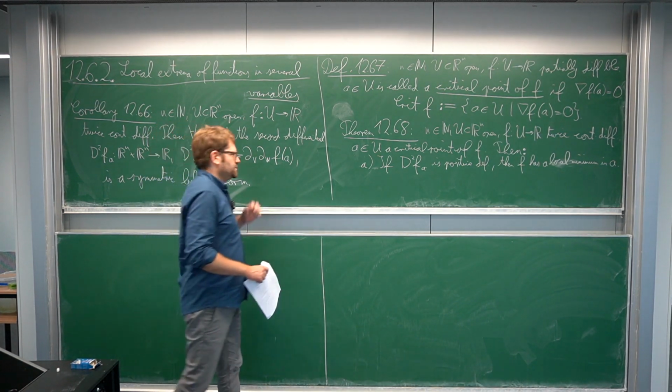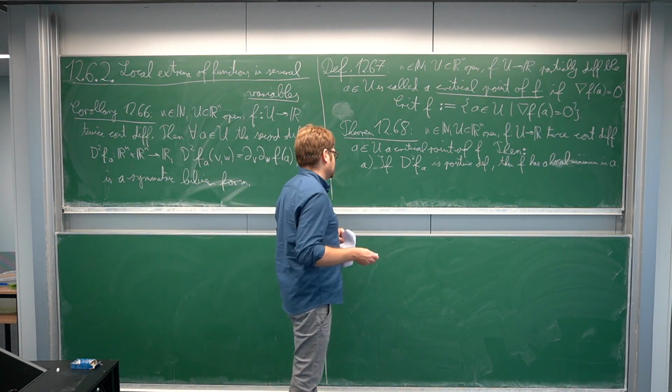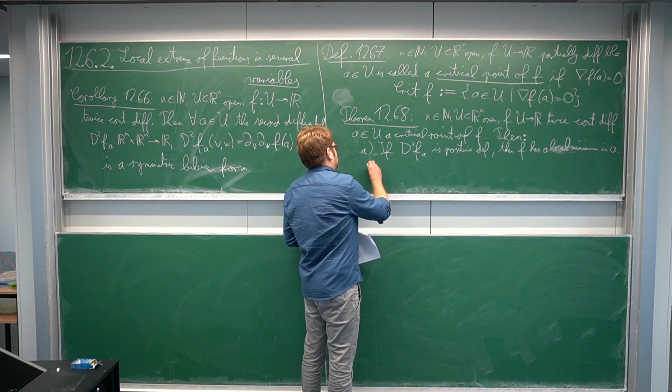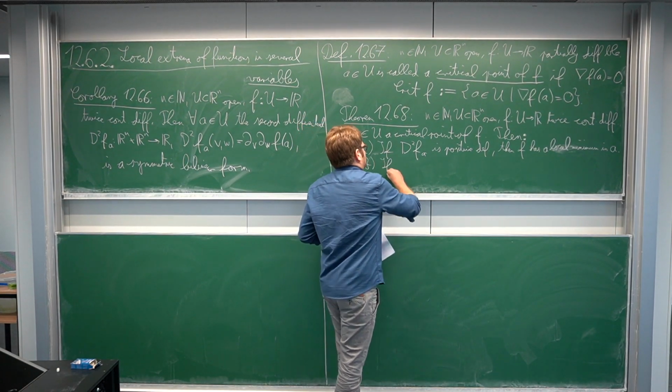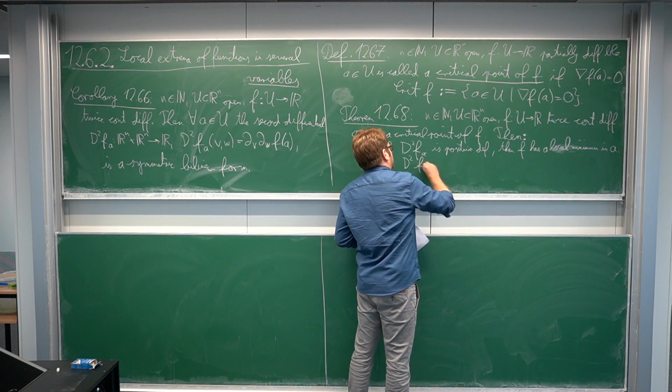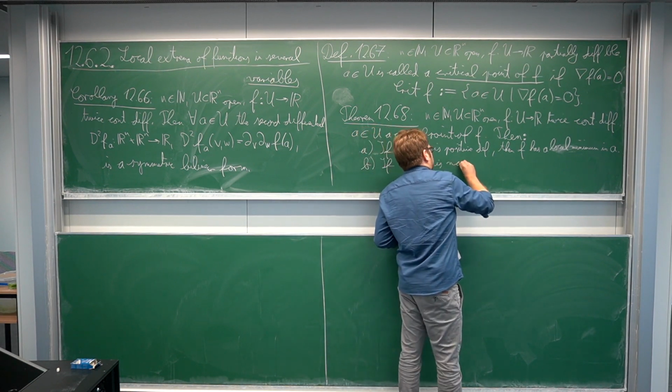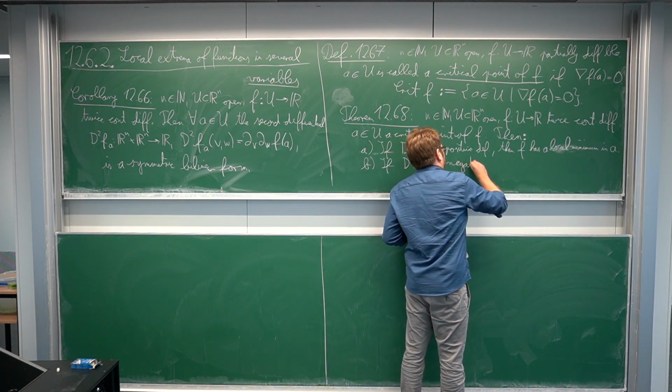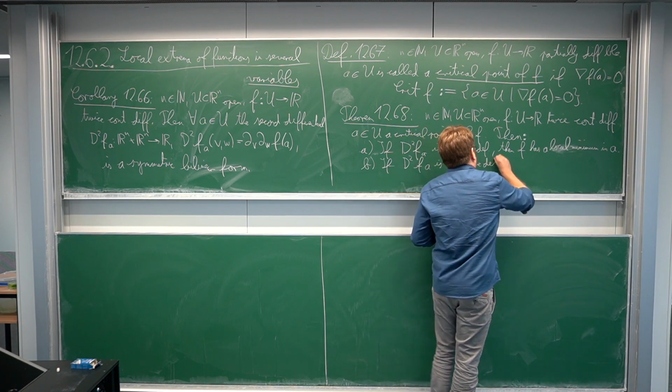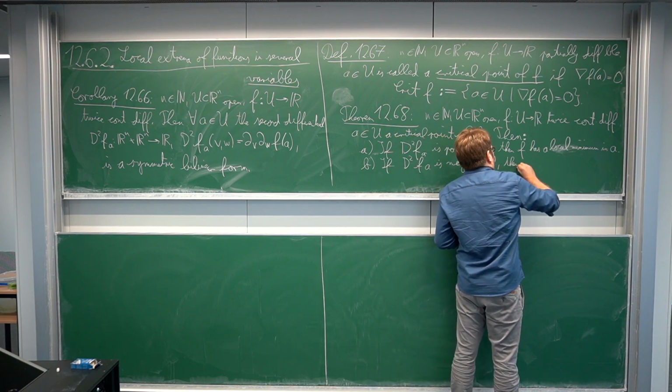This I will tell you something about in the end of this subsection. B, in the same way, if d²f_A is negative definite, then f has a local maximum in A.